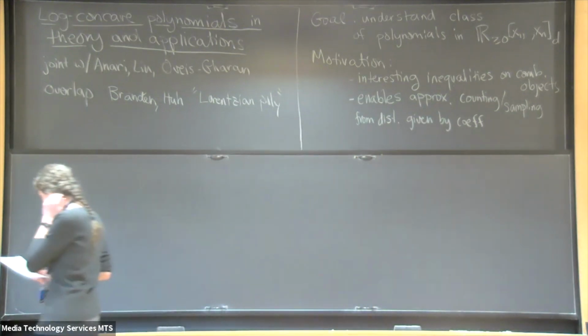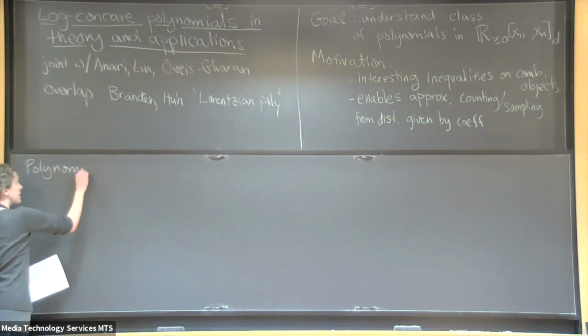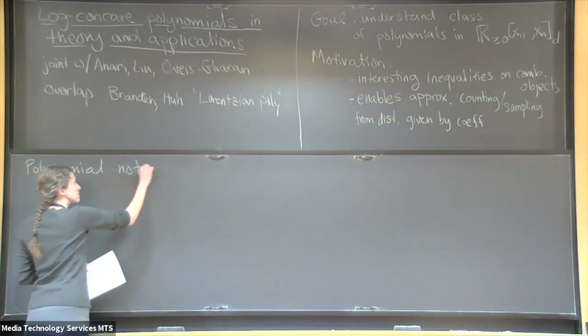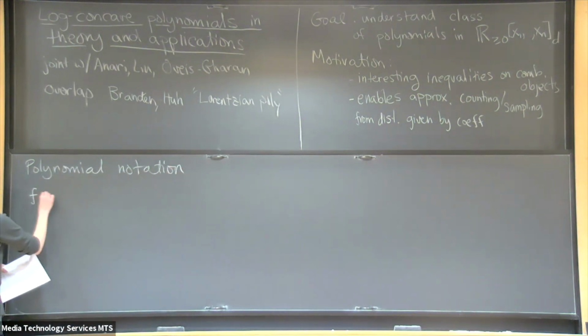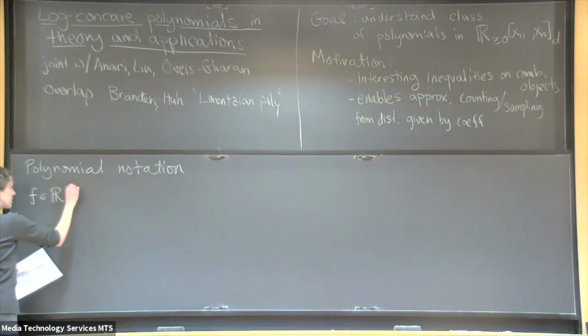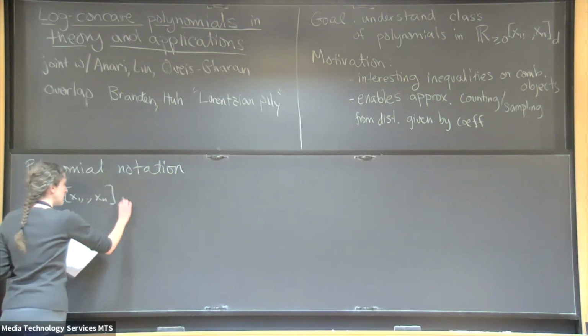I'm going to just start out by fixing some notation. So I'll be taking a polynomial in n variables of degree d.